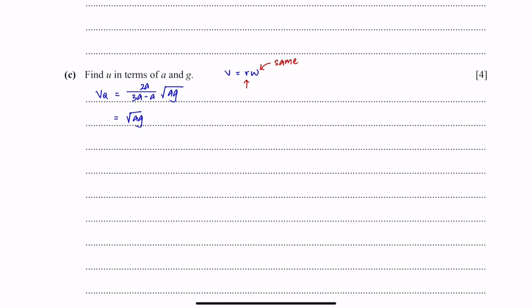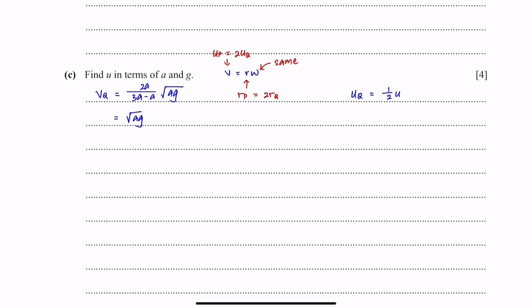So now we know that the radius of P is equal to 2 times the radius of Q. That means the initial speed of P would also be 2 times the initial speed of Q. So the initial speed of Q is just half of the initial speed of P, which is u.